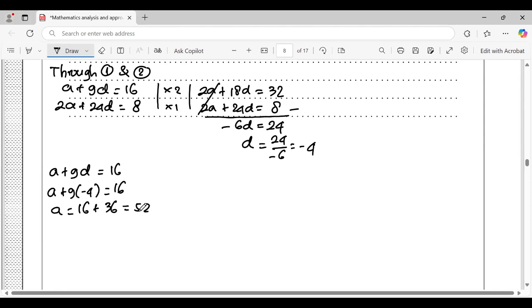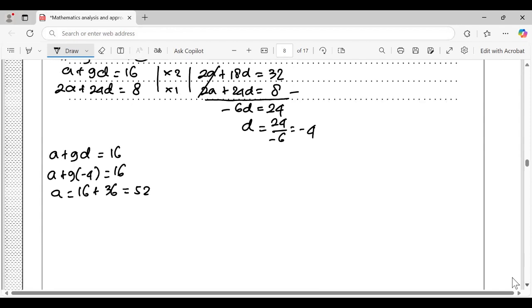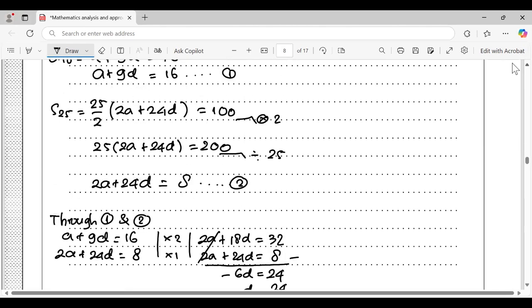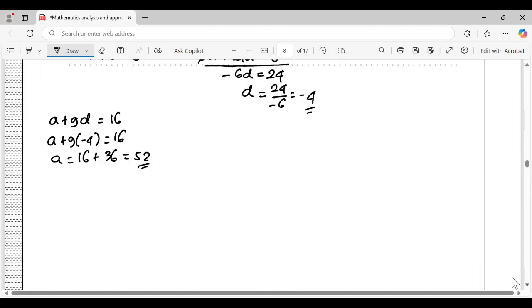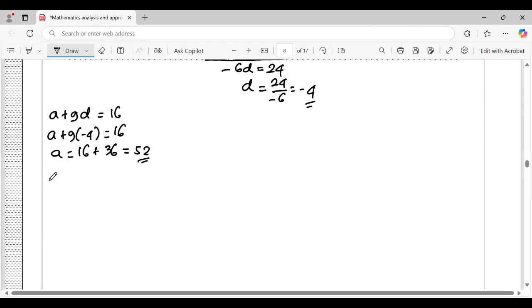That is a and d. And the next step, we are going to substitute a equals 52 and d equals minus 4 into the formula, according to the question that we are going to find k, where uk equals 0.